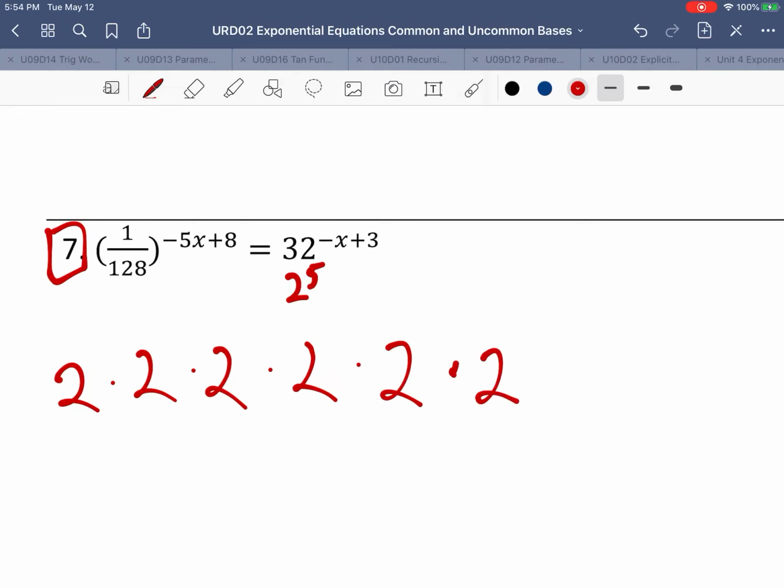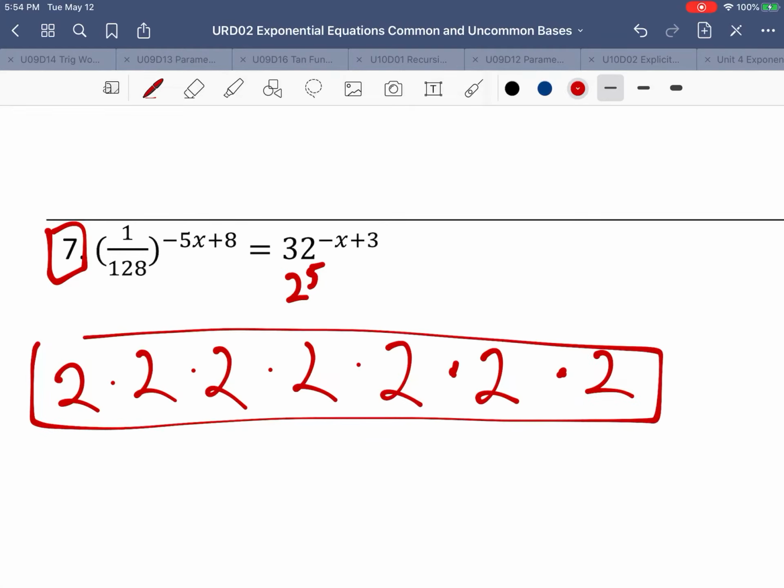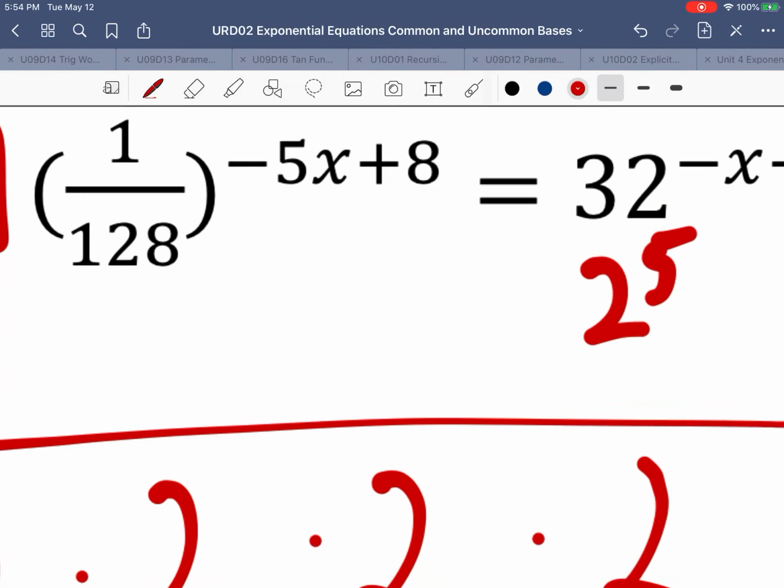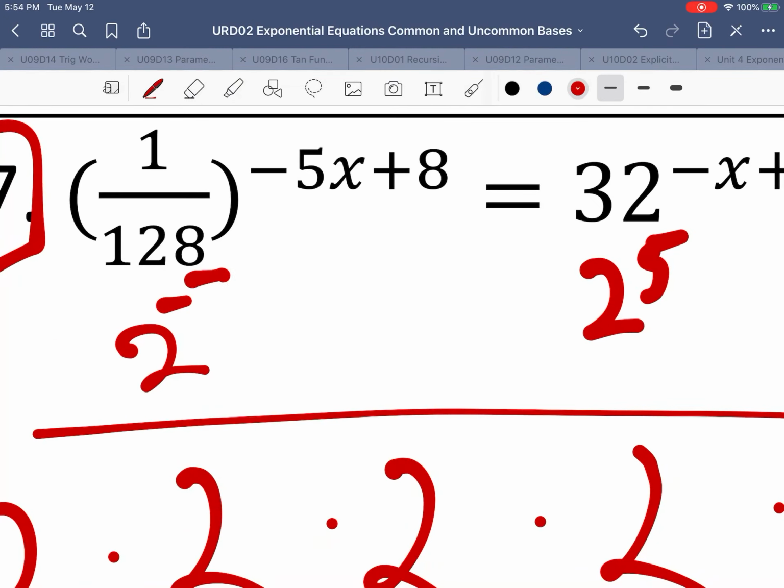Times 2 is going to be 64, times 2 is going to be 128, so that means 128 can be rewritten as 7 2's, so this is actually going to be 2 to the negative 7 power.